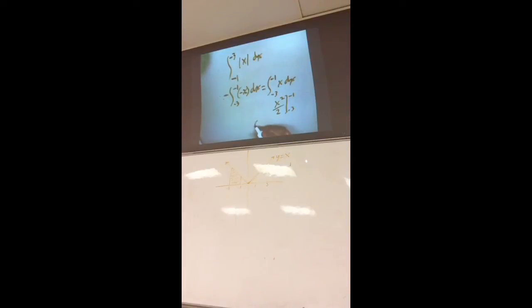So filling those values in, I get 1/2 minus 9/2, right? Am I good there? Okay. And I get -8 over 2, which would be -4.